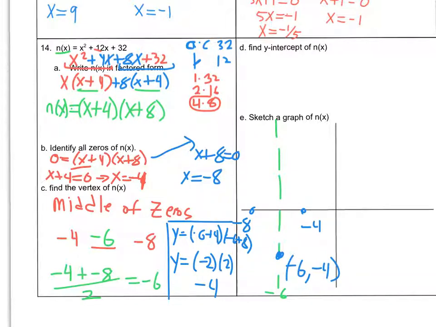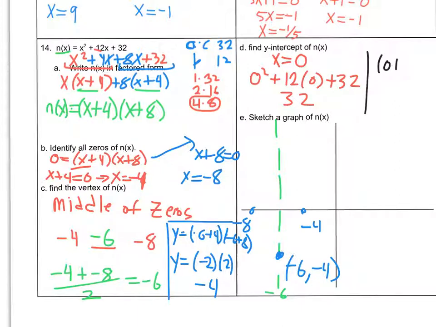Okay, for the y-intercept, we need to find when x is 0. I find this easier to use my original equation, so that would be 0 squared plus 12 times 0 plus 32, which is 32. Some of you use the factored form, and again, that's totally fine. That would be 0 plus 4 and 0 plus 8. And if I do those, I get 4 times 8, which is 32.